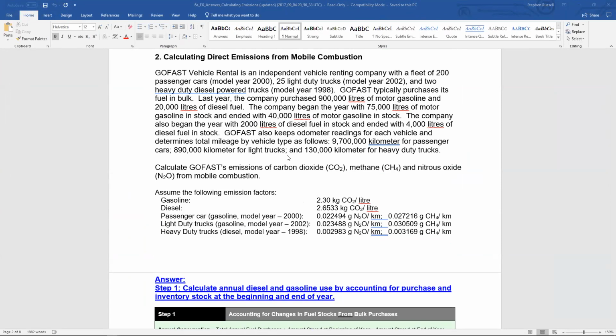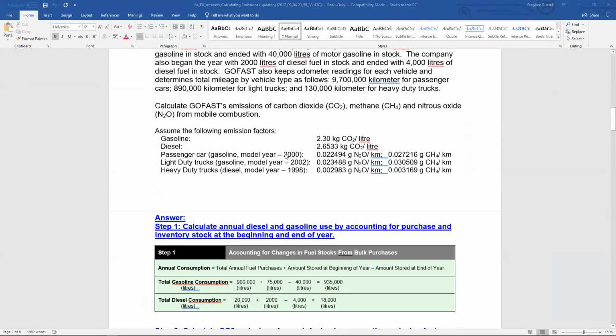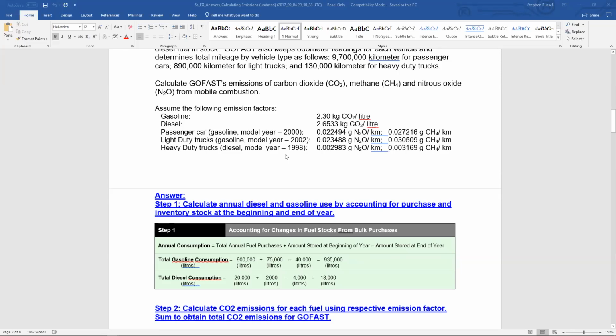Okay, let's take a look at the answers to question 2. I won't go through the derivation in detail, but you will have these answer sheets to refer to by the end of today. The first step is, again, to calculate the total amounts of fuel use by taking into account changes in fuel stocks from bulk purchases.